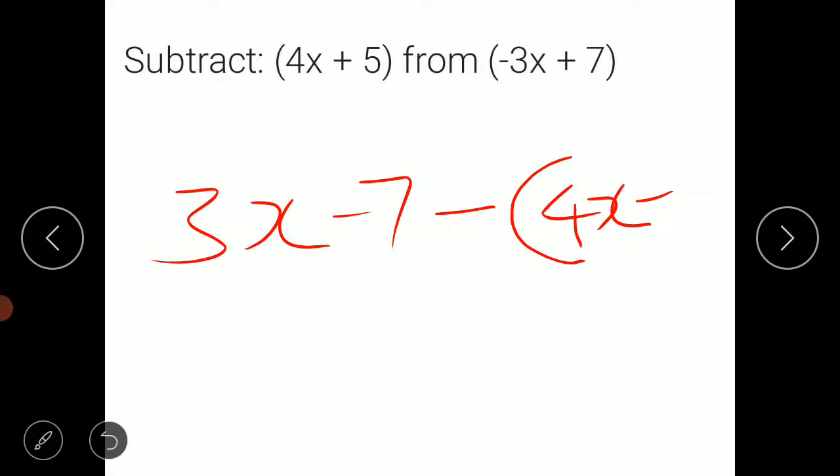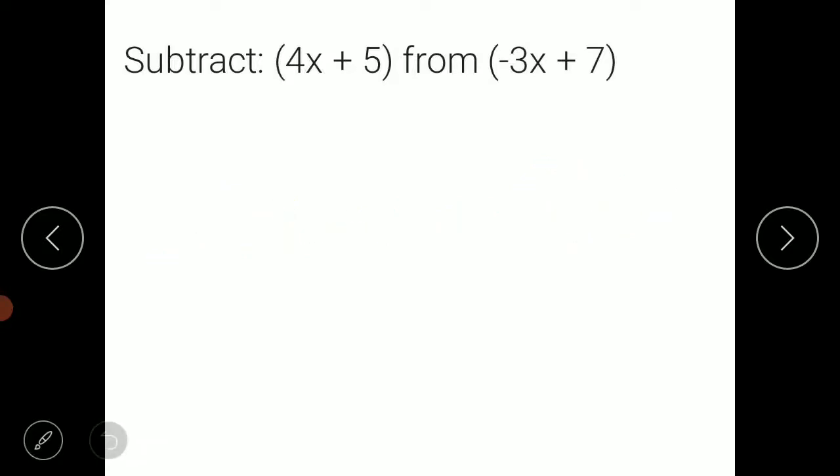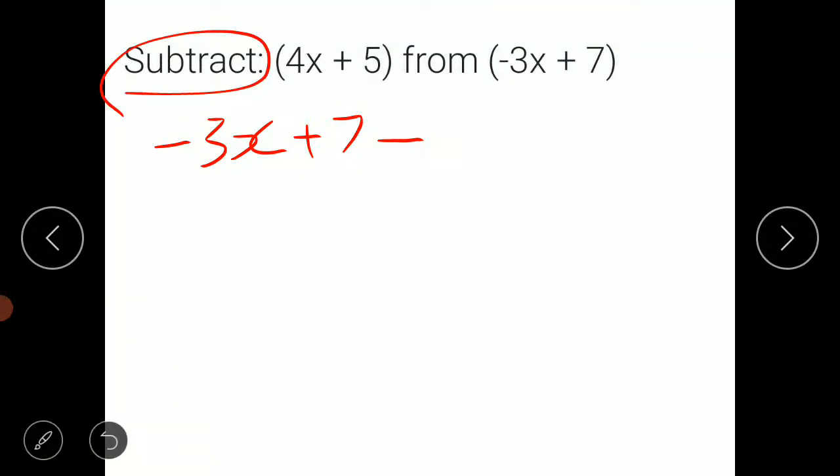So it is given: subtract 4x plus 5 from minus 3x plus 7. So we need to subtract from this expression to this one. So let's write the question first. From minus 3x plus 7, from this expression we are going to subtract, this is operation, from minus 3x plus 7 subtract 4x plus 5.